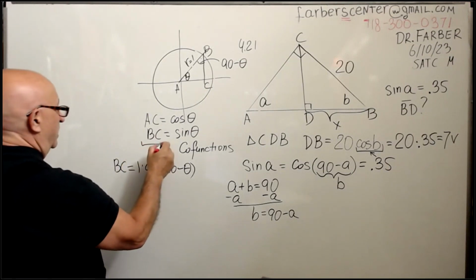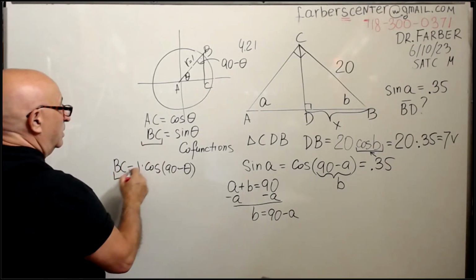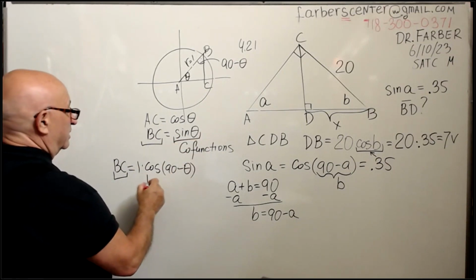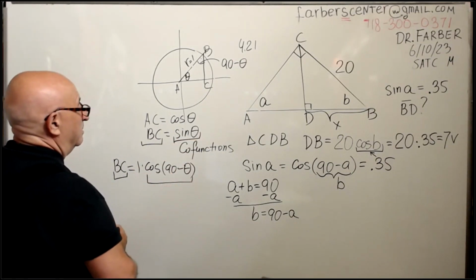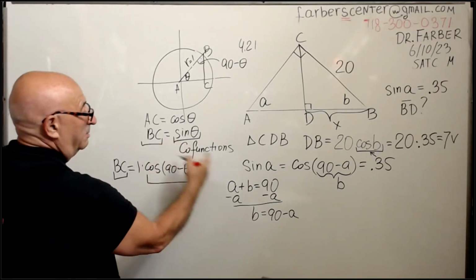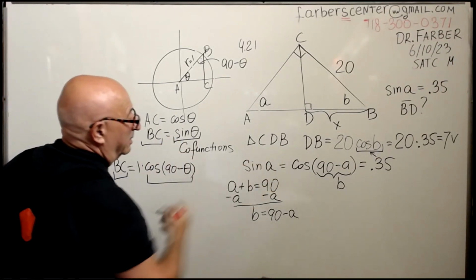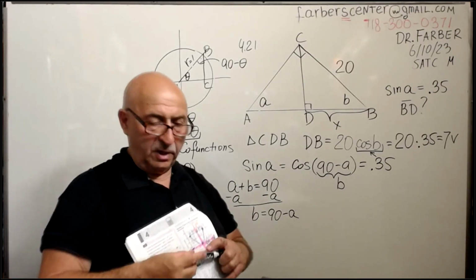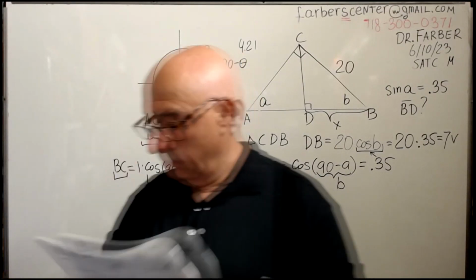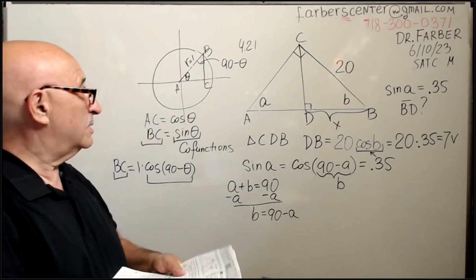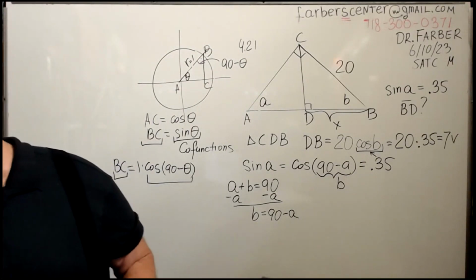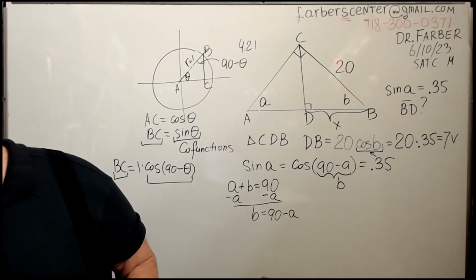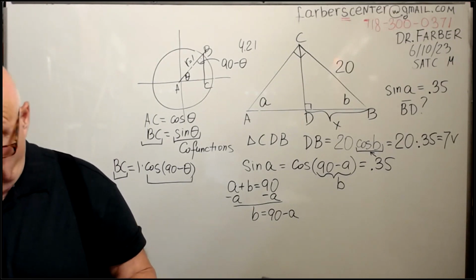This is BC and this is BC. This sine of theta and this cosine of 90 minus theta. So sine of theta equals cosine of 90 minus theta for cofunctions. Better to visualize using the unit circle. This was 421. For the setup to this point, everything. Good, good, good.